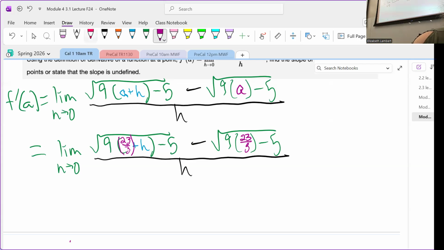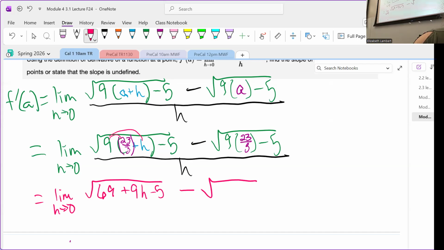So in this first spot, when I distribute the 9 through, still got the square root, but that'll be the square root of 69 plus 9h minus 5, minus the square root of 69 minus 5, all over h.